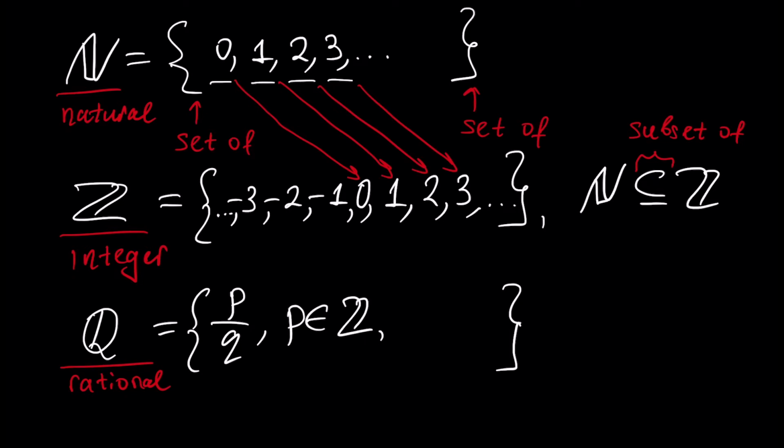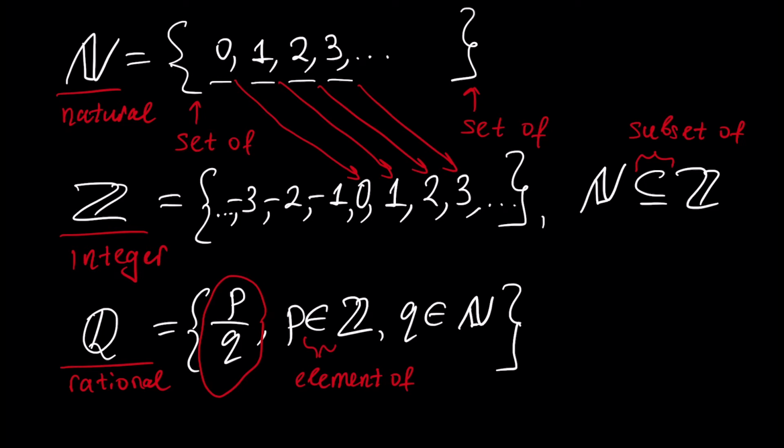Once again, in mathematics, this symbol stands for element of. So P is an element of integer numbers, or P is integer, and Q is natural. Once again, the set of rational numbers is the set where each element can be represented as a fraction P over Q, where P is integer and Q is natural.